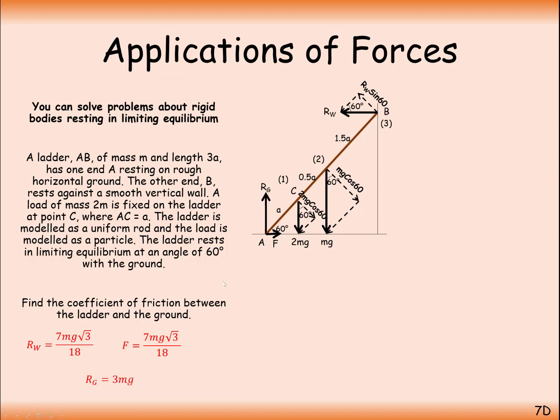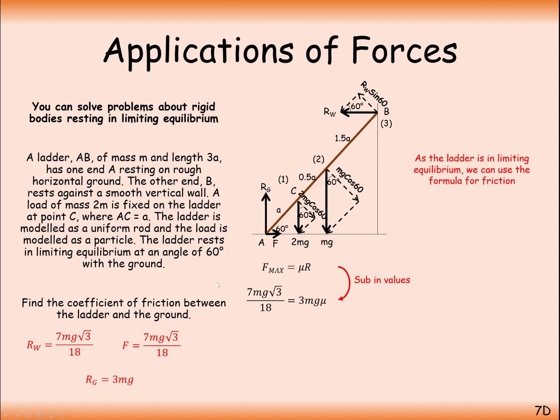Right, now we're almost there. As the ladder's in limiting equilibrium, we can use the formula for friction. We know F max equals mu R. Alright, we've got this R here, which we've got to use as RG. We know F equals RW, and hopefully that links with the earlier example I showed you where we had to do it. So we sub in the values.